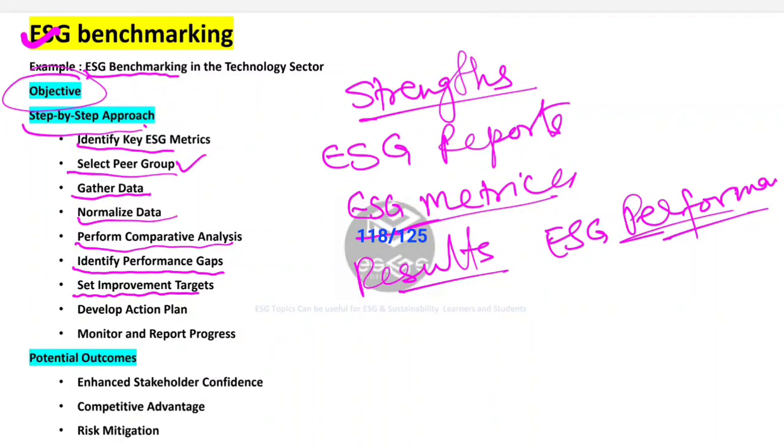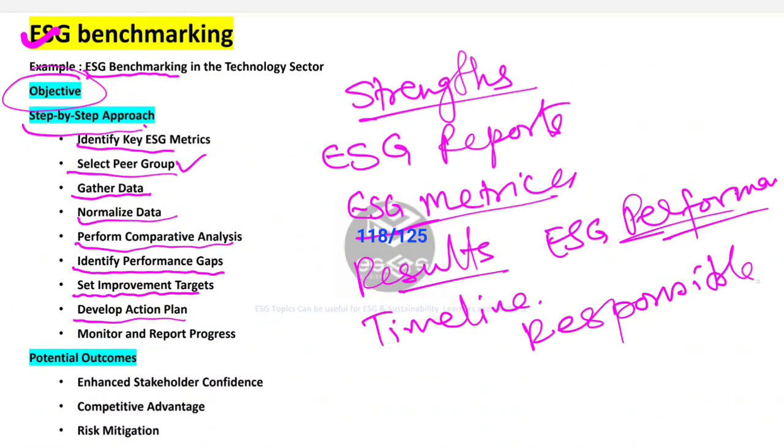Okay, then next comes develop the action plan. We need to develop an action plan outlining steps to achieve ESG targets, including resource allocation, also timeline and the responsible stakeholders.